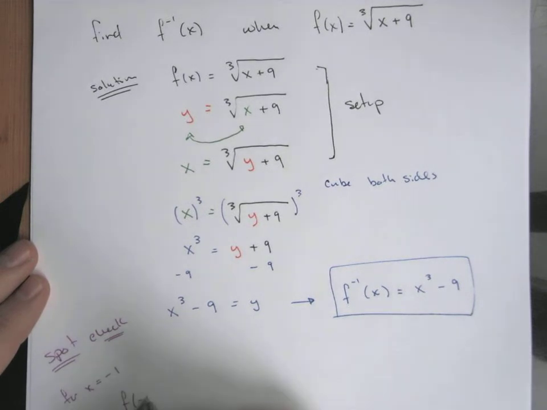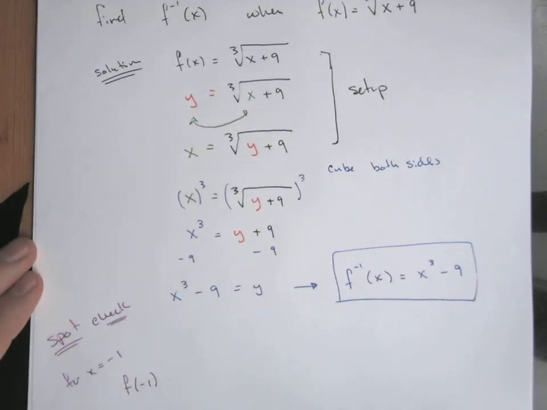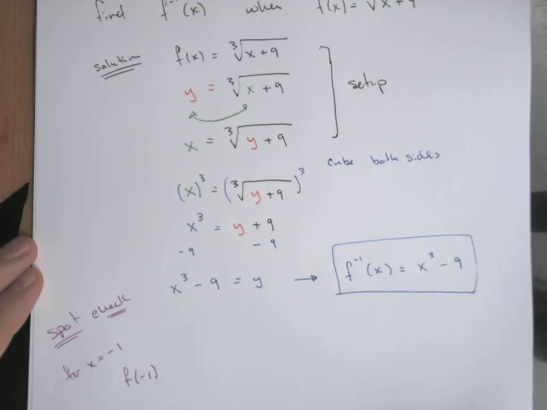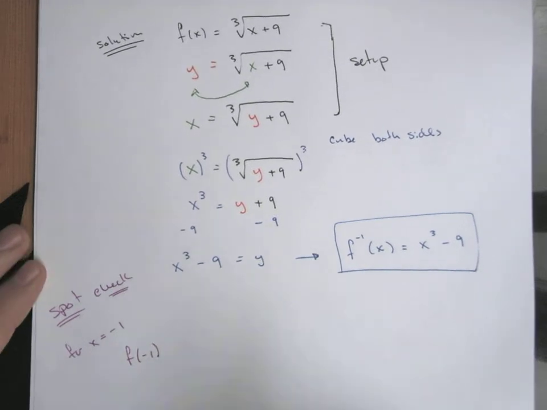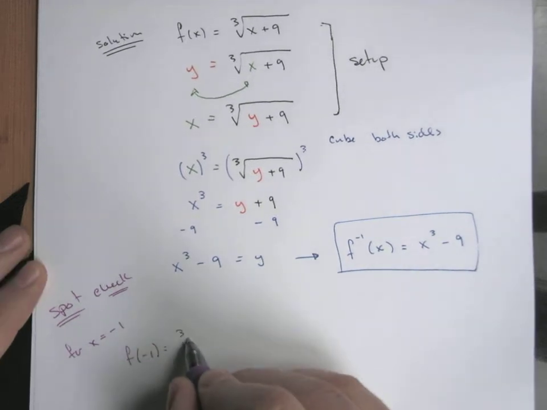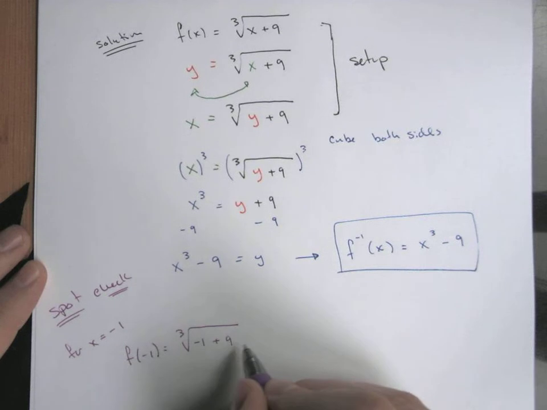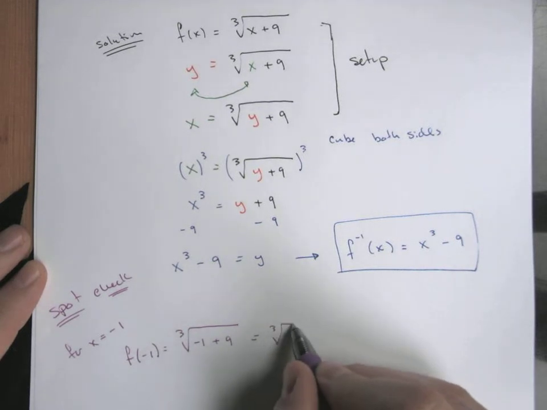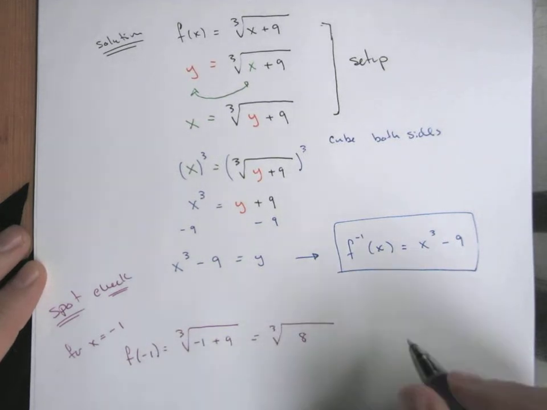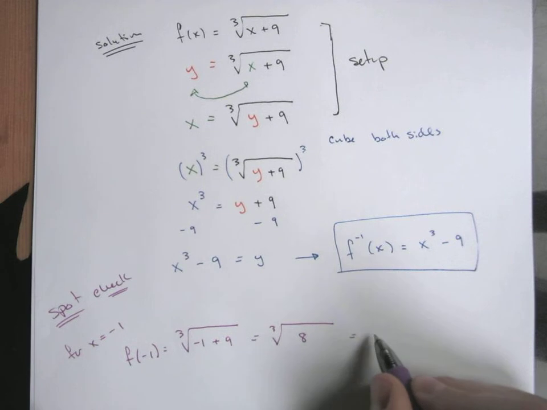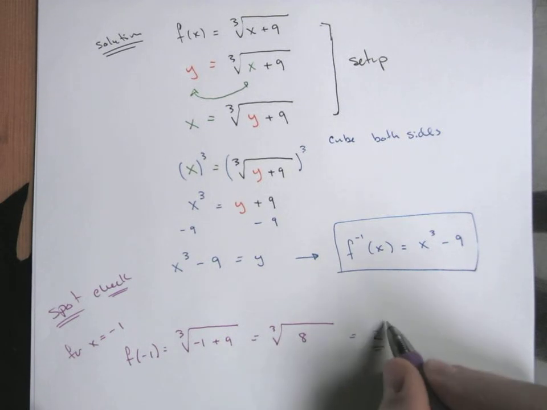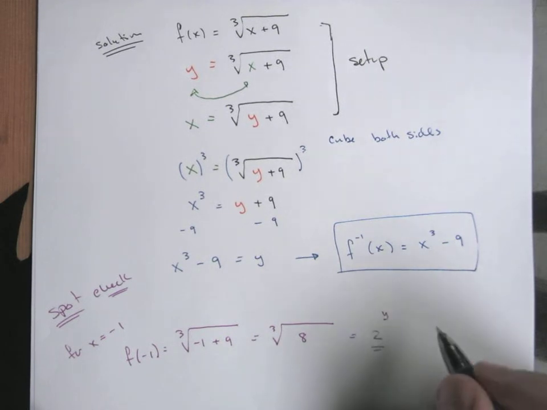So f of -1 is going to be cube root of -1 plus 9. I got to be a little bit careful about the numbers I pick, right, because I need to have something I can take a root of. Cube root of 8 is going to get me to +2. So that should be my y value.